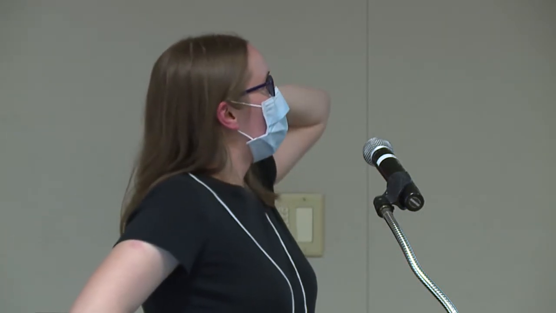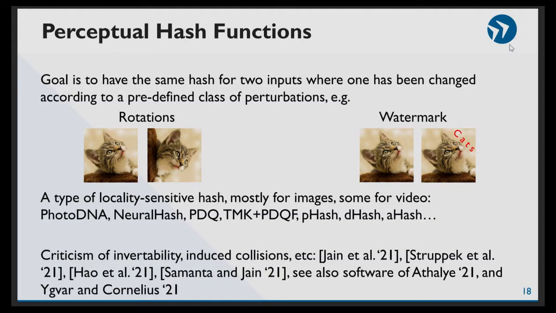So here's the perceptual hash function discussion that you've all been waiting for like 2 hours or something. So a perceptual hash function is a special kind of hash function where we have tried to make the hash function return the same hash for 2 different images. And you have to predefine what the class of changes are that you're going to try to make the same hash return for.